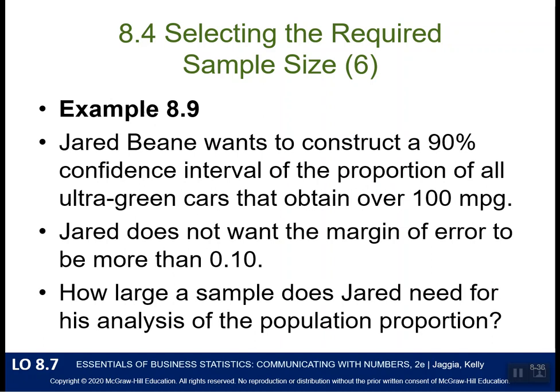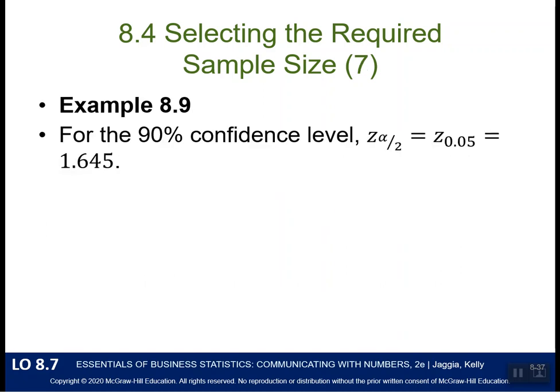So again, going back to our formula, we've got our 90% confidence interval. We don't want the margin of error to be greater than 10% or 0.1. How large of a sample do we need? And this is where we're looking for the proportion of cars that get over 100 miles per gallon. So remember, for our z-score of 0.05, it's 1.645. We've looked that up in the table, and we've calculated it in Excel.